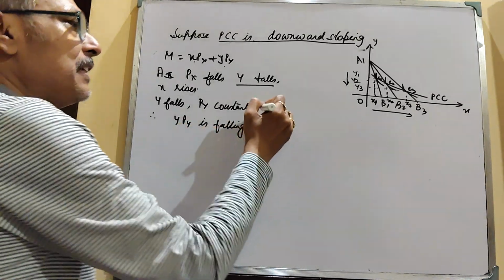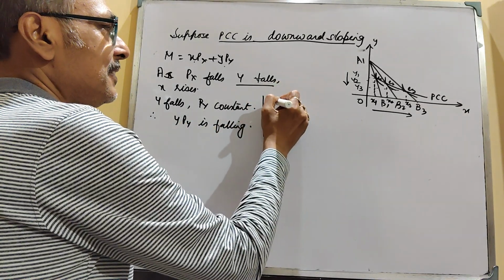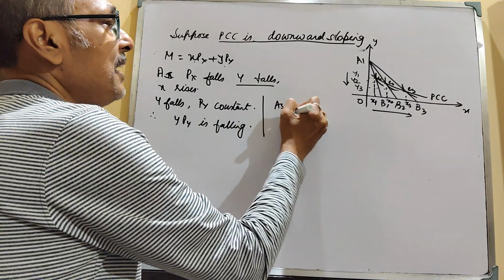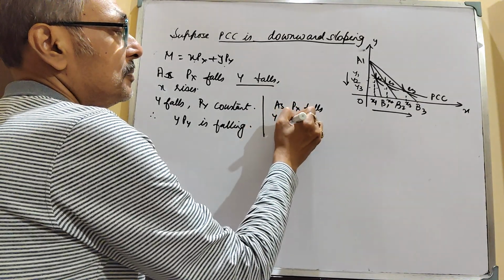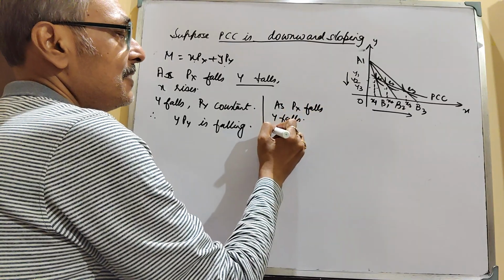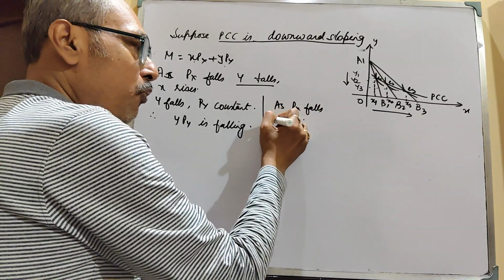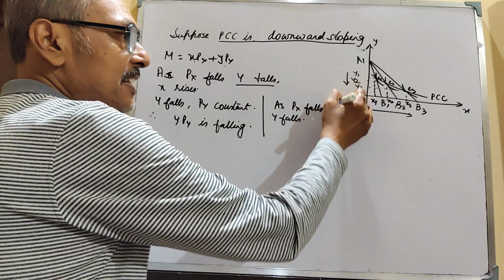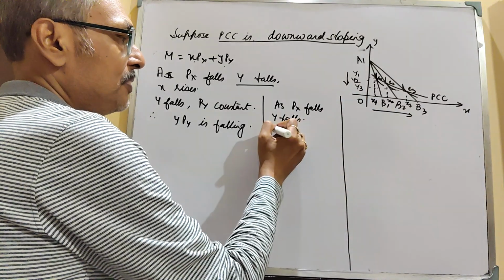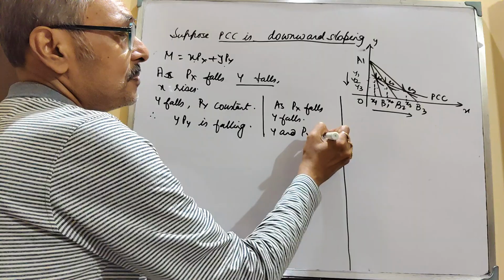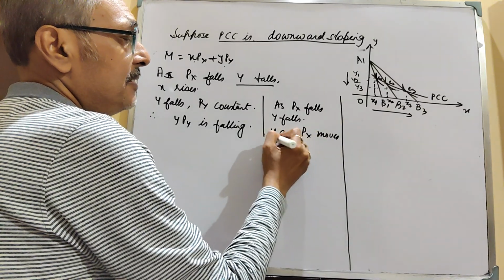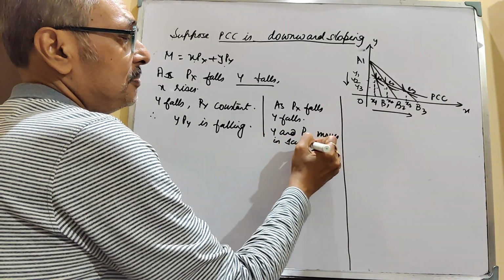Now, first we do the cross price elasticity. As px falls, y falls. That is, y and px move in the same direction.